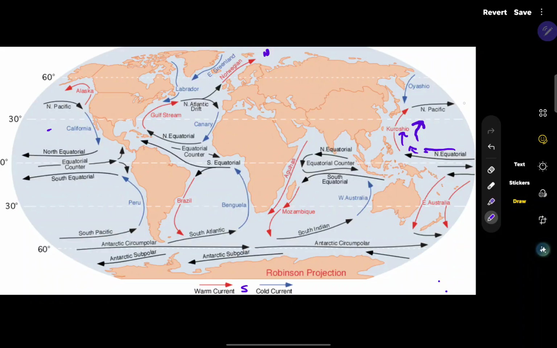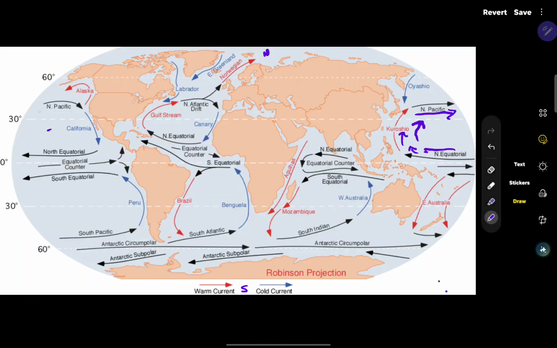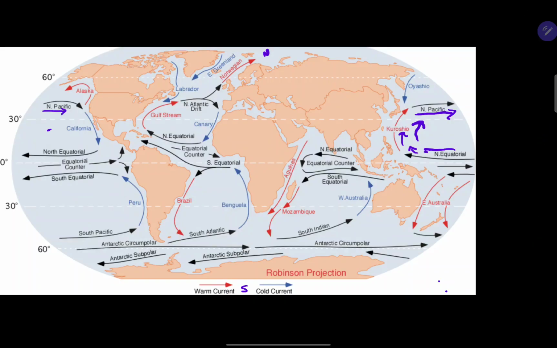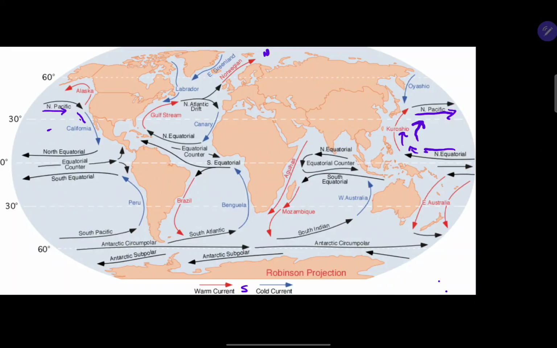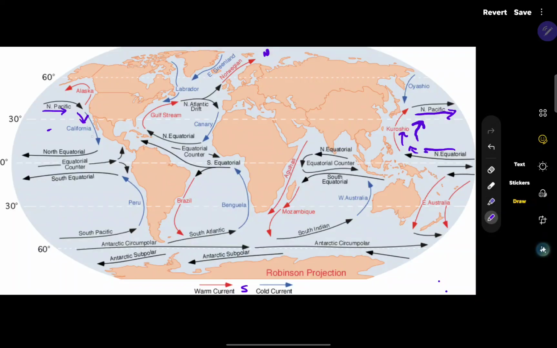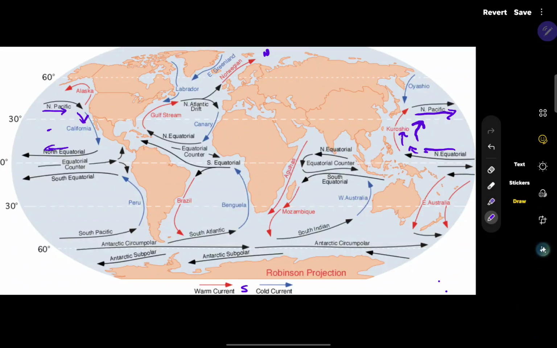And after that the current will go to this part, that will be North Pacific. Again the current will touch a land mass, that is California, and then it will become a cold current. So you can see north equatorial was going this side. As soon as it touches the land first time, it becomes a warm current.